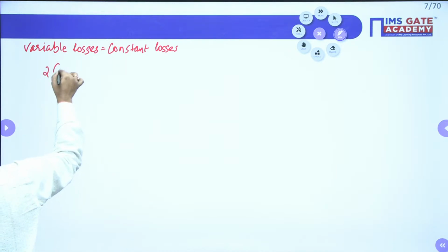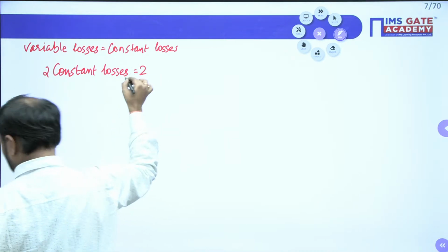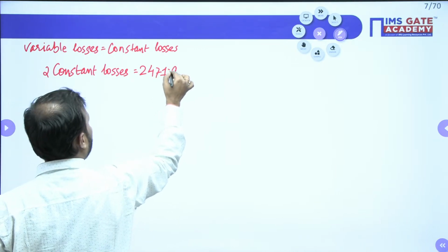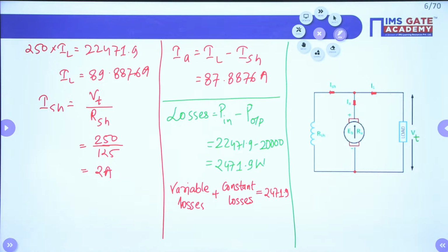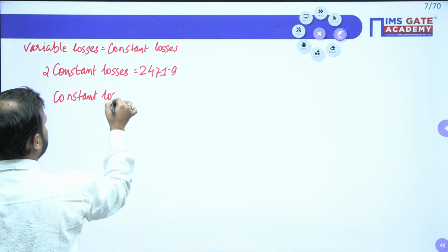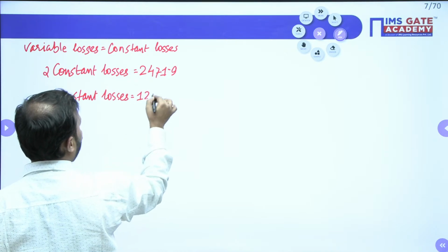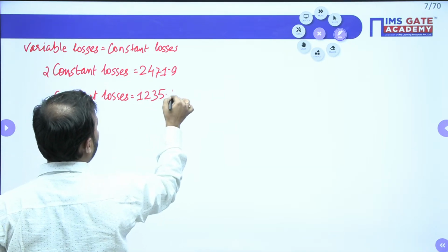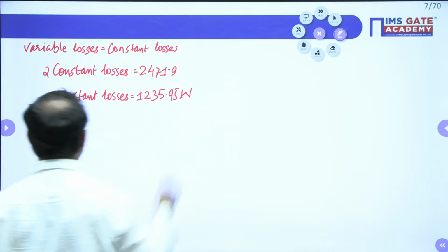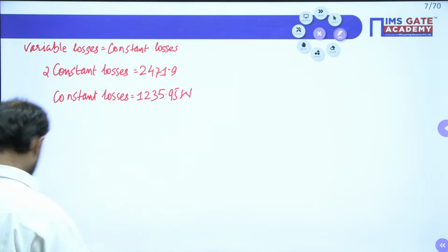So 2 times the constant losses is equal to 2471.9. So from here, the constant losses will be, take the half, 1235.95 watt. So this is the constant losses that we are getting during the maximum efficiency.